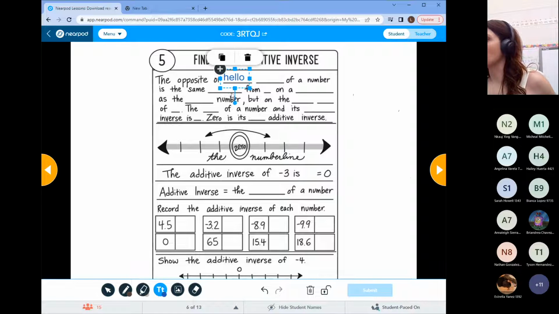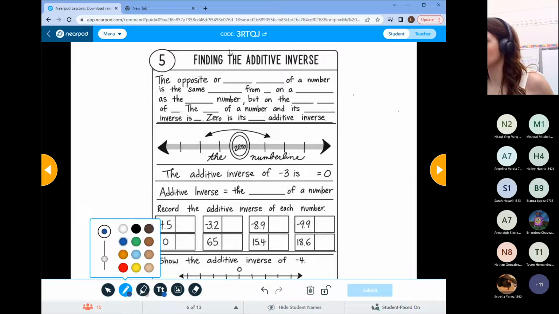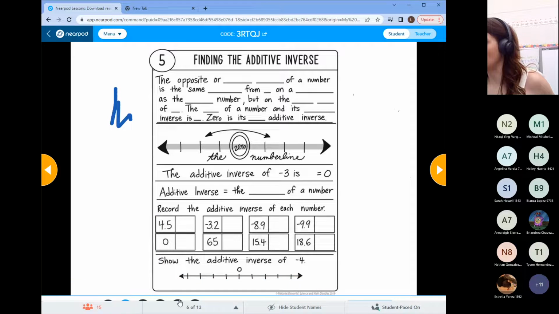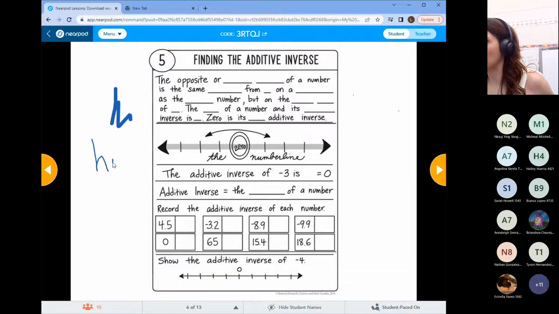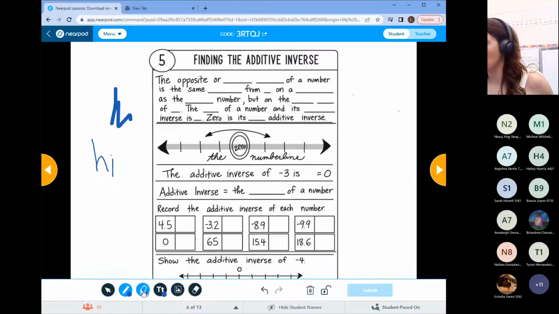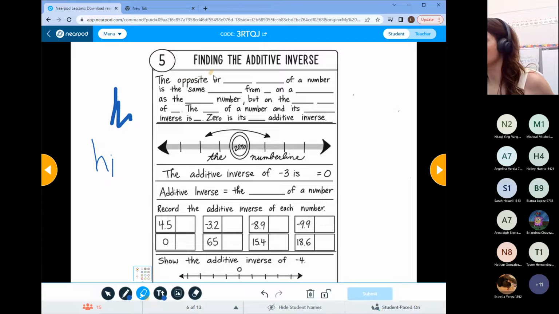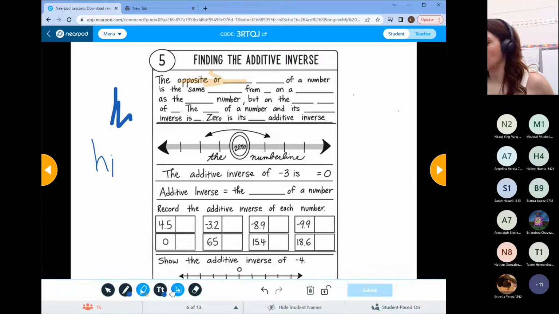Okay, and then if you prefer to just write, there is a pen. If you adjust this here, it will make the pen line thinner. And then here is the highlighter to highlight, and then you can add pictures.